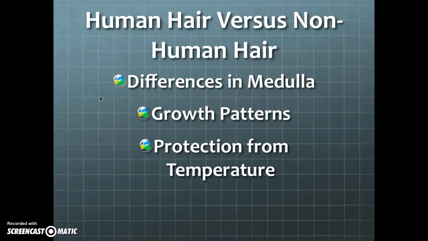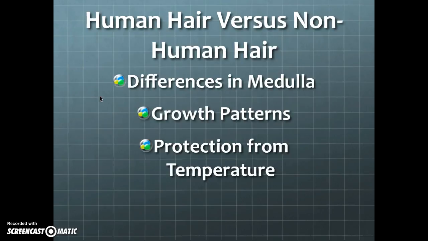Each strand grows at its own pace, whereas animal hair grows in a more synchronized motion. Like when you see dogs and their fur is pretty much the same length all the way around.